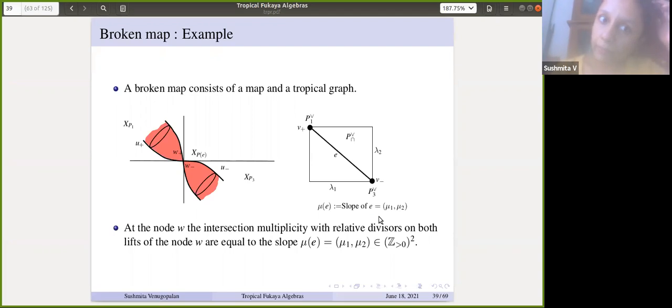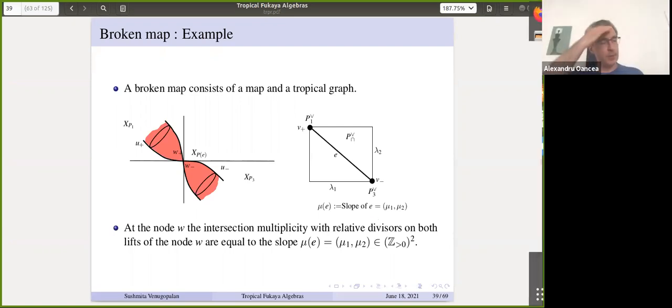Any questions so far? Okay, so maybe I can ask a question. Sure. To make sure I understand correctly, the tropical graph is not just combinatorial.